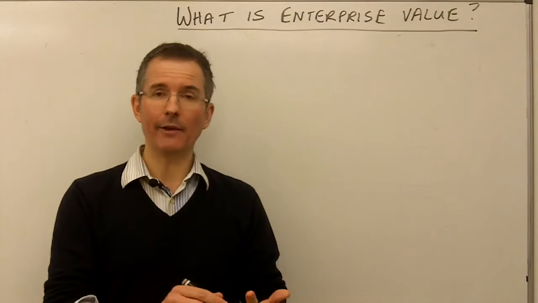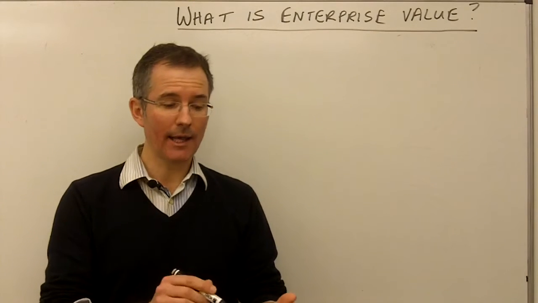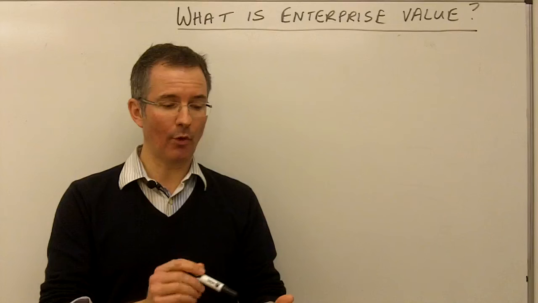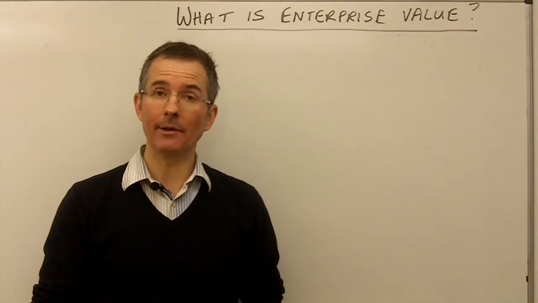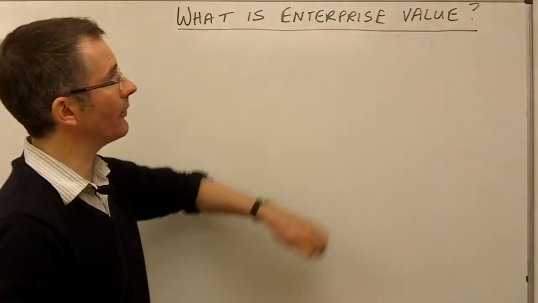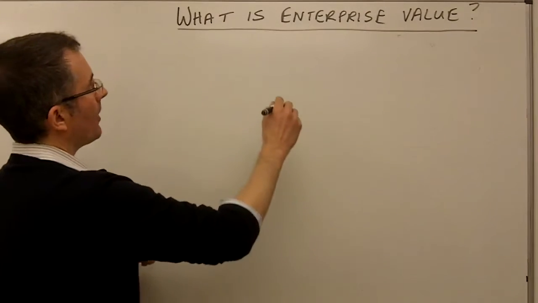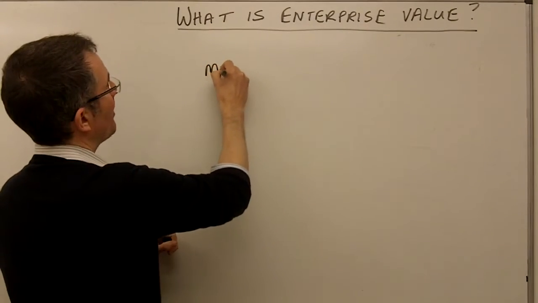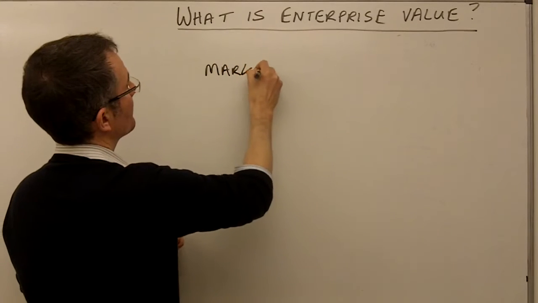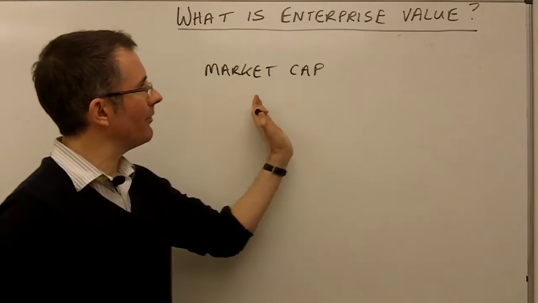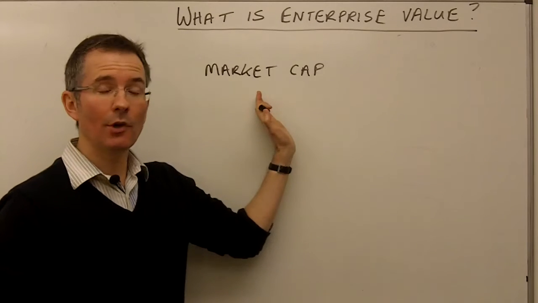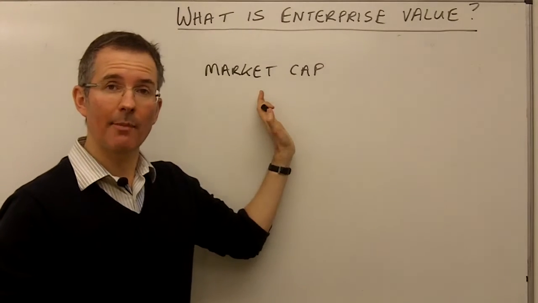Tesco also makes its own profits, but it needs external help in the form of what are called shareholders and also lenders. So enterprise value starts there and says what we ought to be able to do is look at a firm's market capitalisation. That's the number of shares in issue times a recent or current share price.